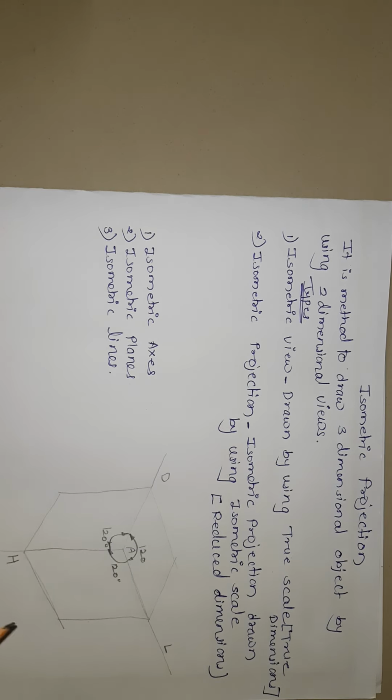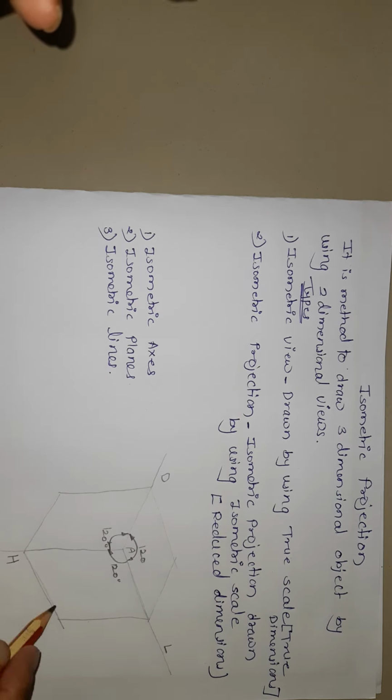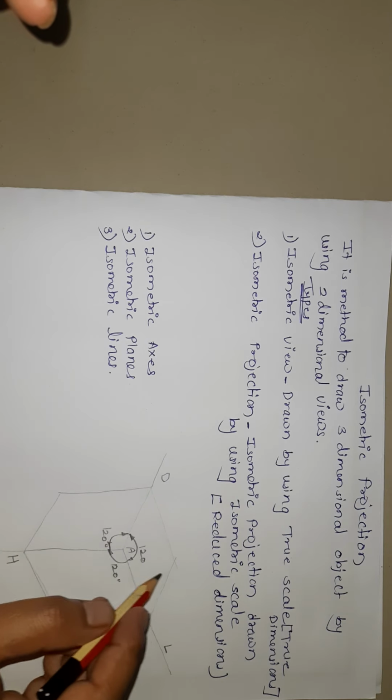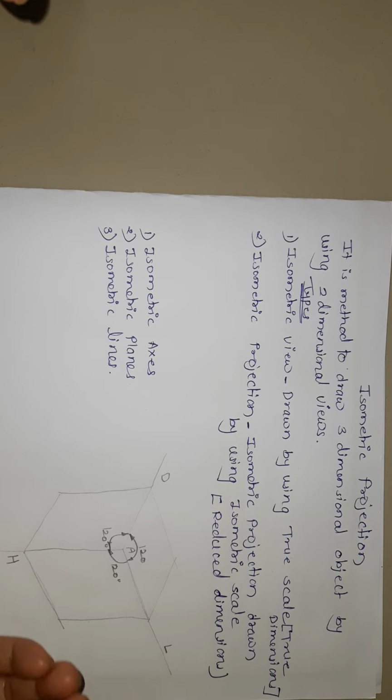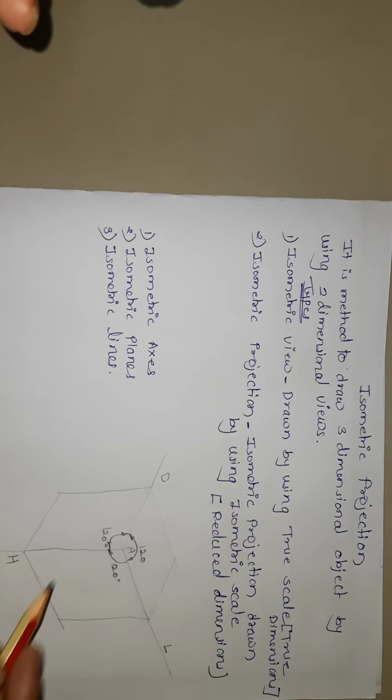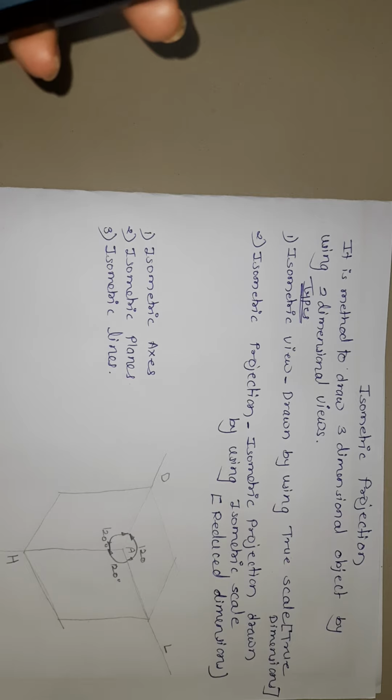Then in this process all dimensions become proportionally inclined to the observer's eye. Means if the observer is looking from this side, then to observe all three dimensions of the object you have to incline that object, right? And in this case all the dimensions are inclined to your eyesight, so that it appears as a reduced dimension.